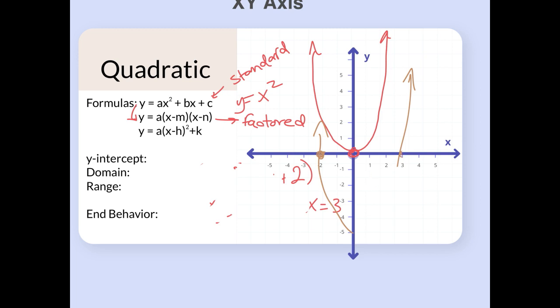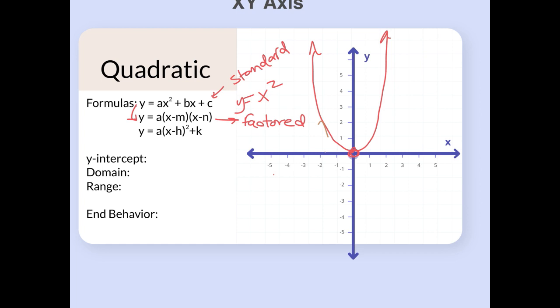Keep in mind that just like what I mentioned with linear equations, every point on the line is a given solution for it. So just like we have coordinates for linear functions, we have coordinates for all of our quadratic functions.